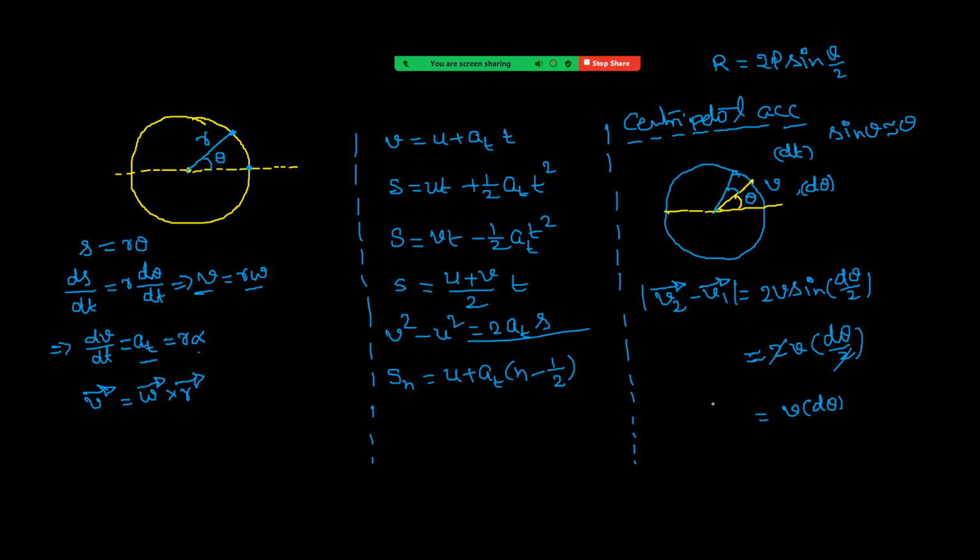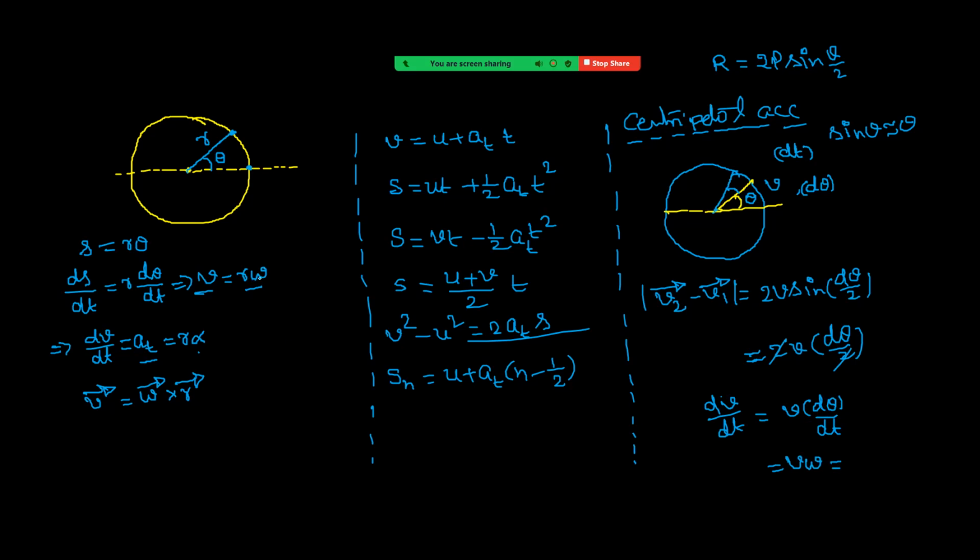If you differentiate that, we get dv by dt. We got v into d theta, so this gives v into d theta by dt. In place of d theta by dt, we can write omega. So v omega.